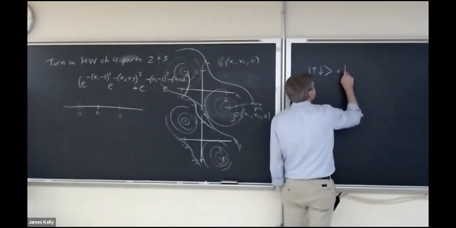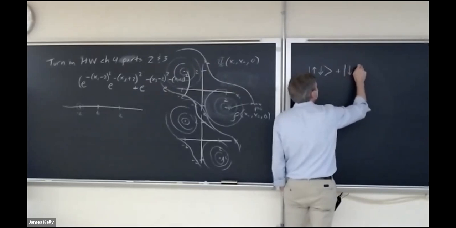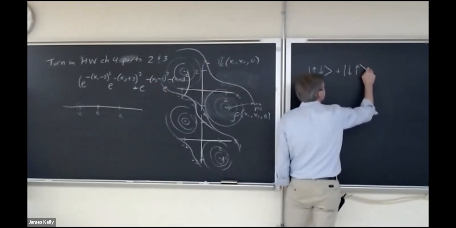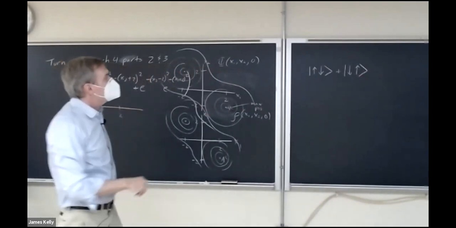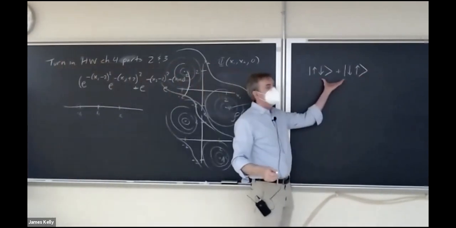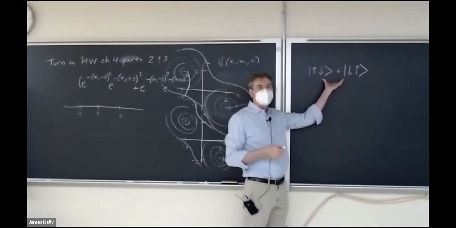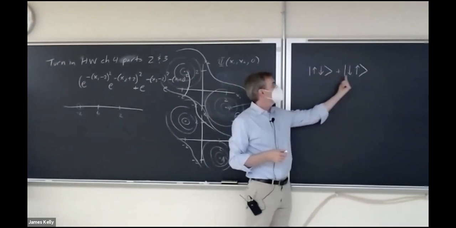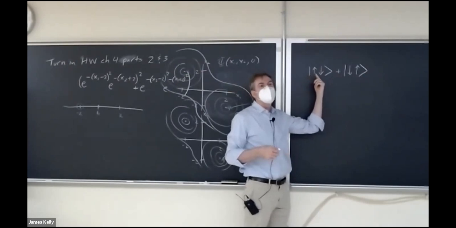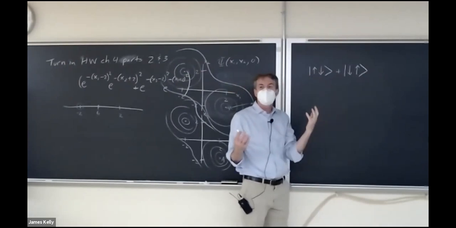If you write down a state that looks like this, while it is a perfectly good description of the pair of spins, it doesn't make sense to say what spin state the electron is in.